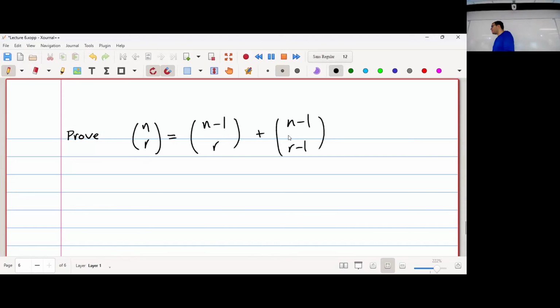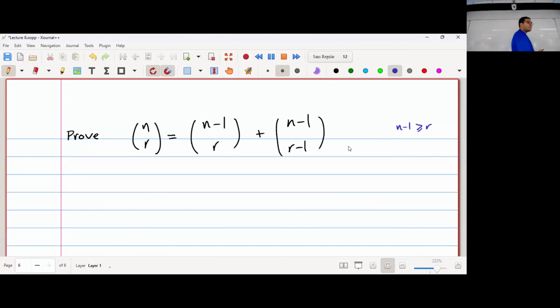You have to prove it only when everything makes sense. Or another way of making sure that it always makes sense is this: if I'm choosing r people from n people, and if r is more than n, I say the number of ways is 0. If I just add that convention, then I don't have to constantly write these things.